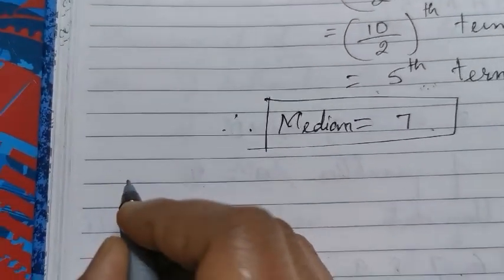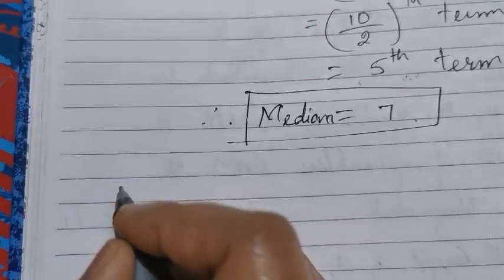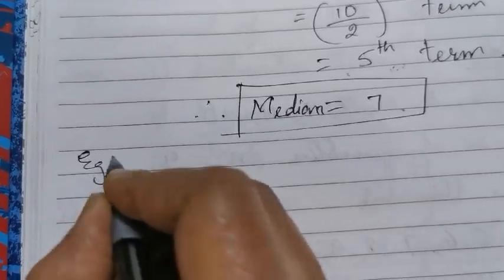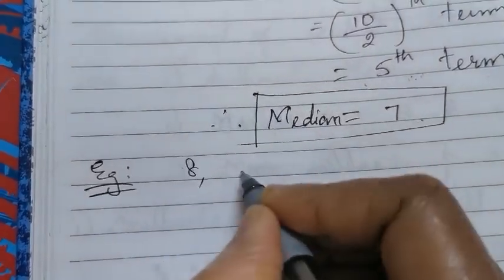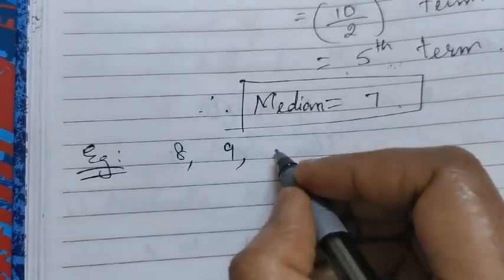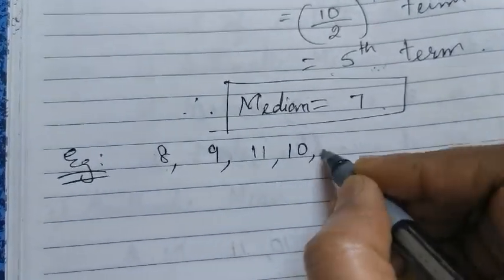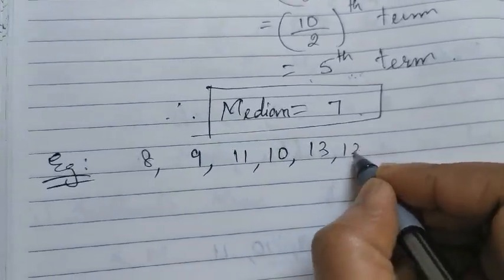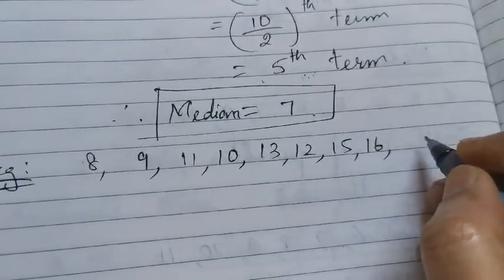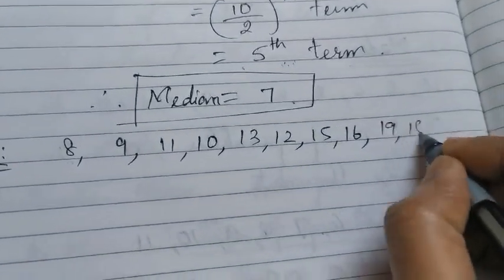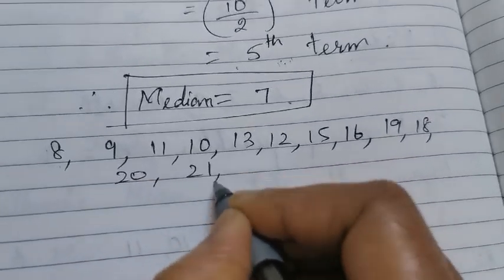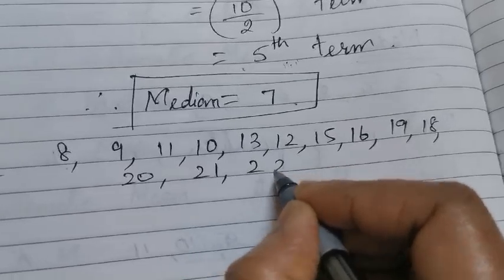Our second set of data will have n even. So I will take the next example: 8, 9, 11, 10, 13, 12, 15, 16, 19, 18, 20, 21 and 22.